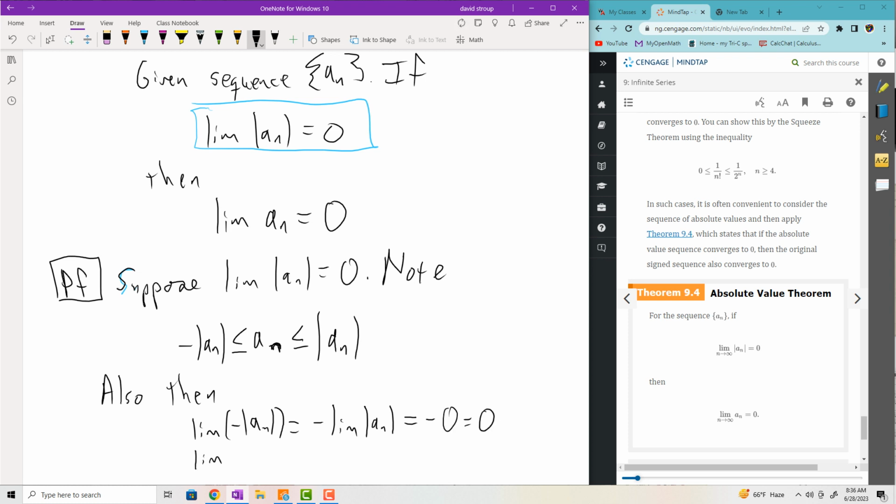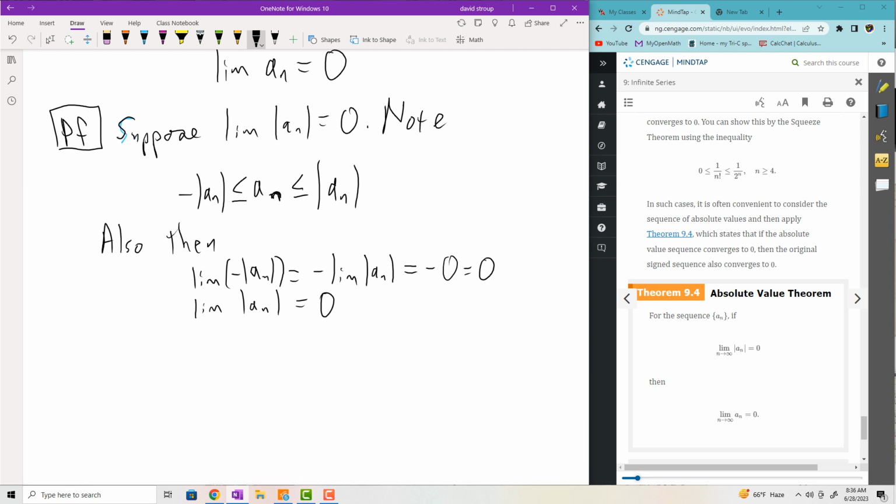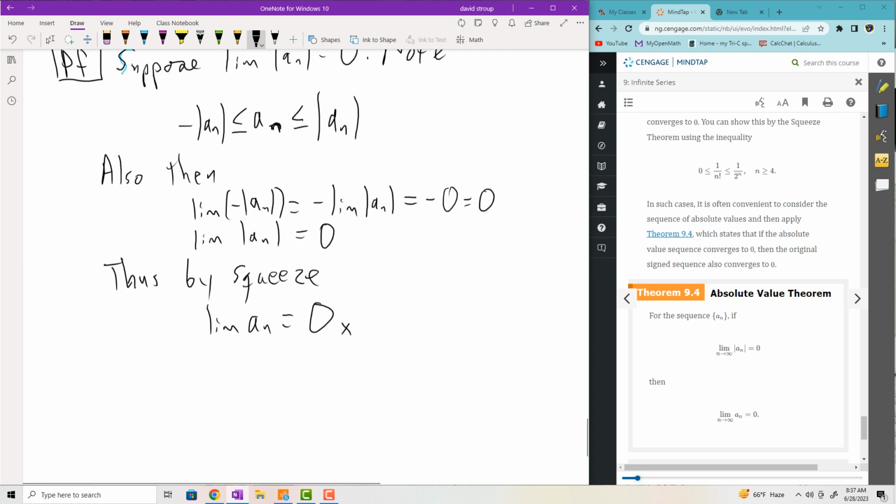And then on the other side, you have the limit of the absolute value of a sub n, which is given as 0. Thus, by the squeeze theorem, the middle guy is also 0. So the limit of a sub n must also be 0, and that completes the proof. That's a pretty cool proof.